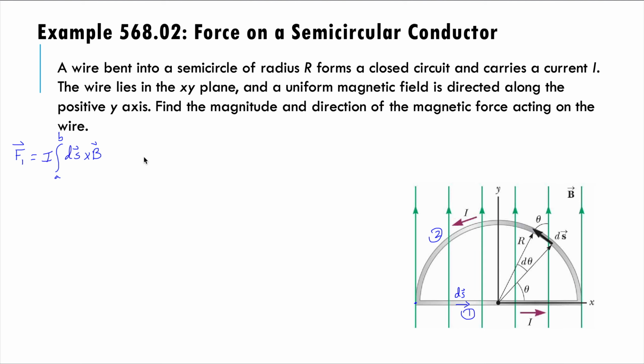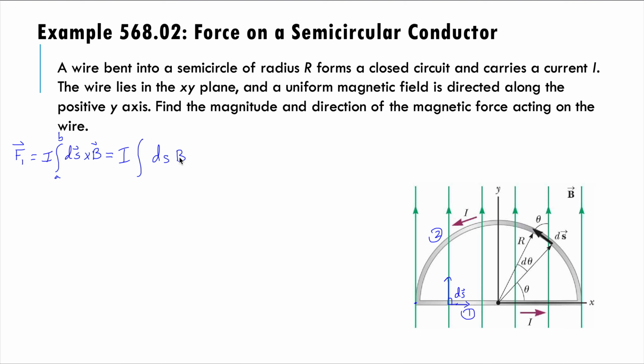Now we can rewrite our integral. The cross product is going to be ds B sine of theta, but what is theta? Theta is the angle between ds and B. B is going up, so the angle is 90. Sine of 90 is 1, so we can just put ds B, we don't need a sine.